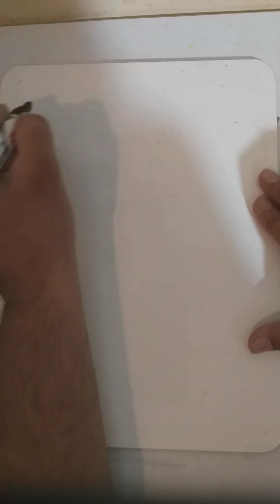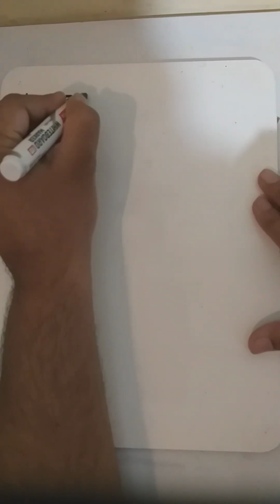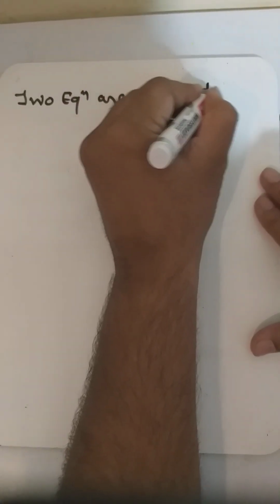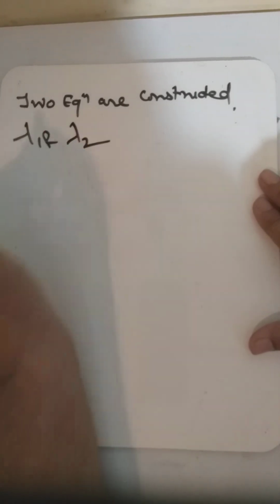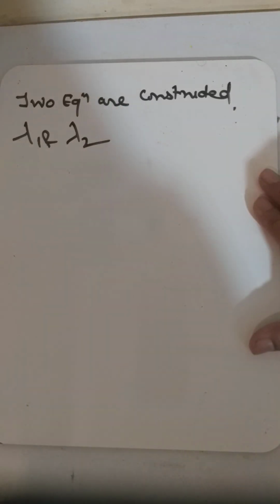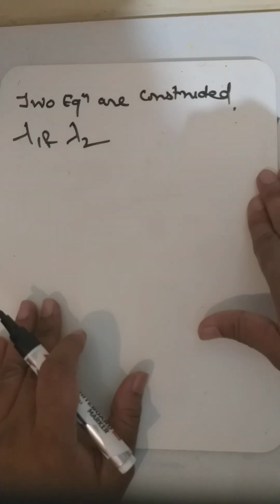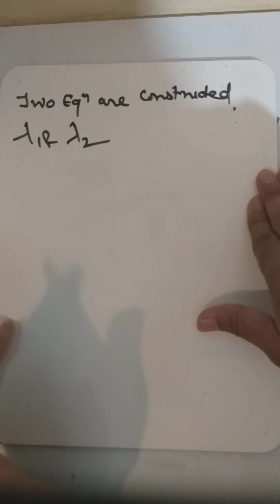Now we will frame the equations for solving the laboratory practicals. So we are considering two equations constructed based upon the fact that the absorbance of the mixture at lambda 1 and lambda 2 is the sum of the individual absorbances of what? Drug X and Y. X is the ibuprofen, Y is the paracetamol.